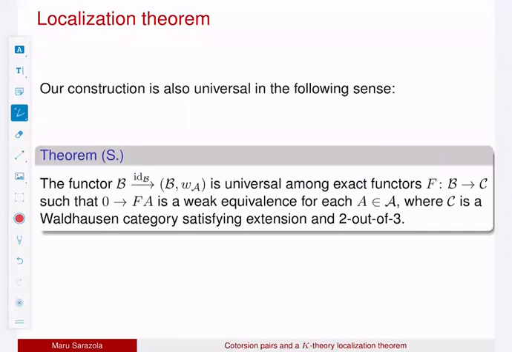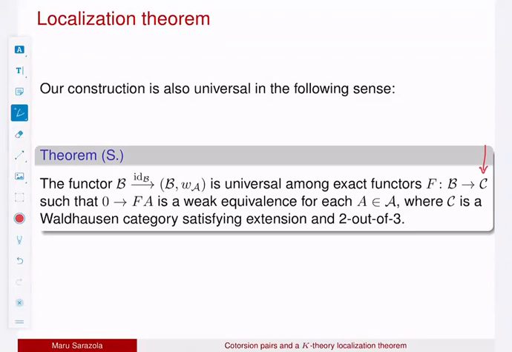So if we have all these conditions, then we can always take the identity functor from B to our Waldhausen category because they still have the same underlying category. And we can see that this identity functor is going to be universal among exact functors from B to any other Waldhausen category C, having the extension property and the 2 out of 3 property for weak equivalences, that makes everything in A vanish up to weak equivalence.